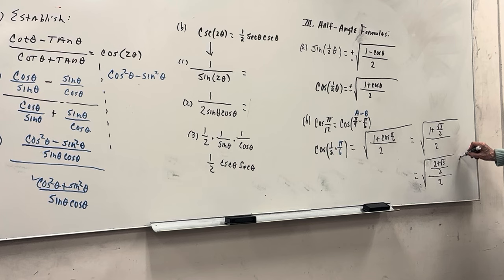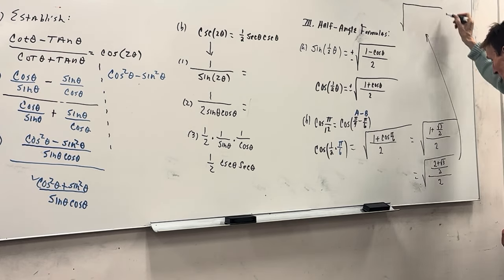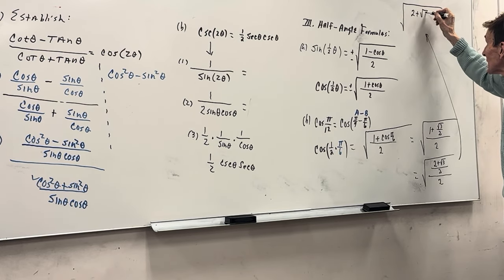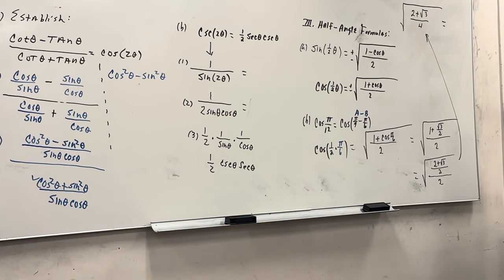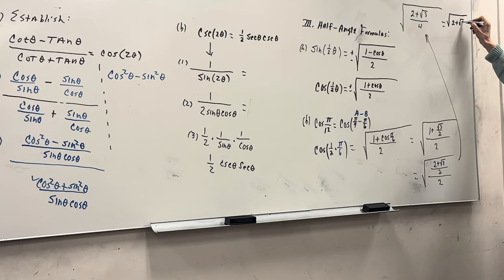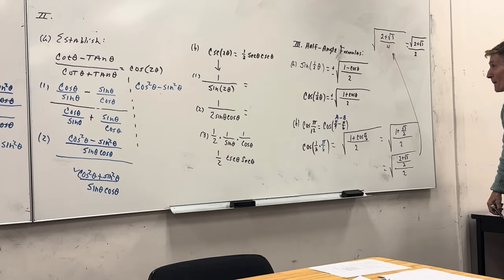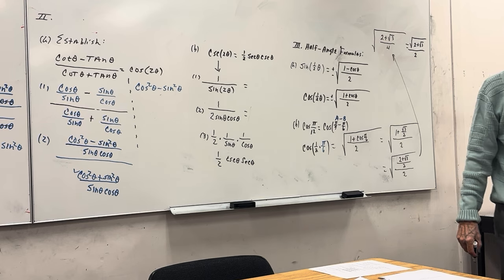Guys, we end up with a large square root of 2 plus radical 3 over 4. Yes, we can take out the 4. Leave the top as it is. And Jacob says, Professor, the square root of 4 is a 2. Look at that strange answer.